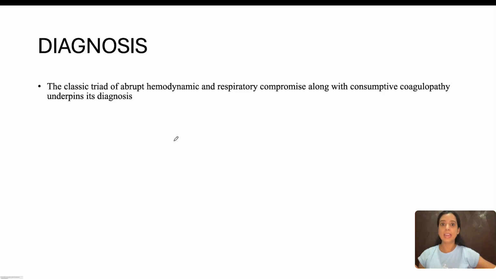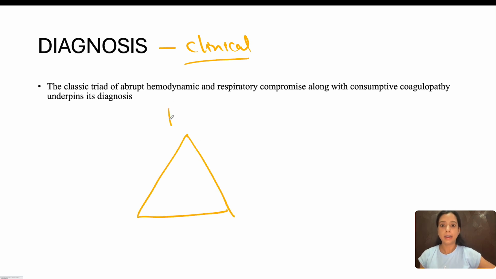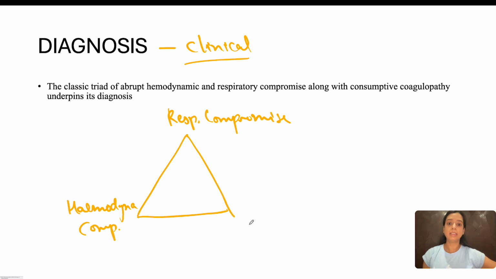So basically, it is a very much clinical diagnosis. There are no diagnostic tests for amniotic fluid embolism. It's a clinical diagnosis. It is a triad where there is respiratory compromise, there is hemodynamic compromise, means the BP is low, and then there is consumptive coagulopathy.